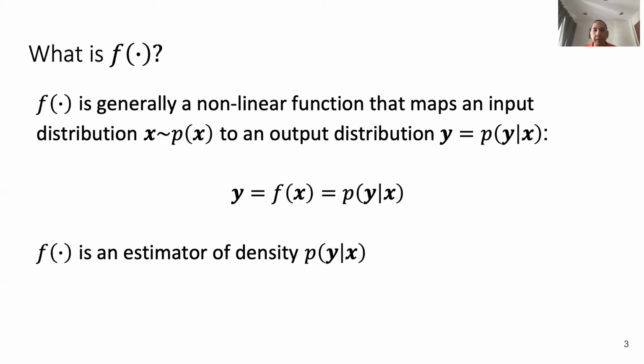Thus, in general, F is also a nonlinear function. From a statistical point of view, F is a nonlinear function that maps the input distribution P of X to an output distribution P of Y given X. We can also say that F is an estimator of density P of Y given X.